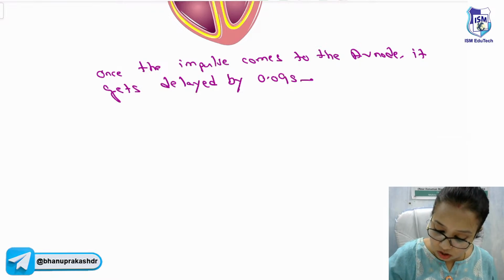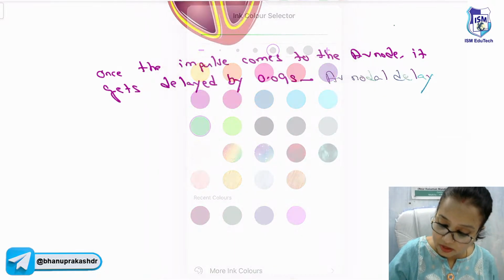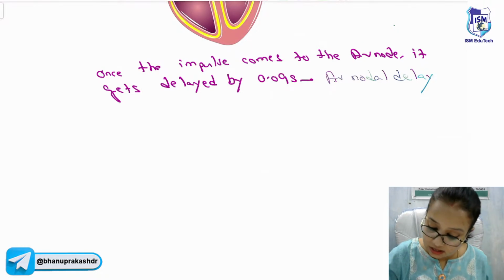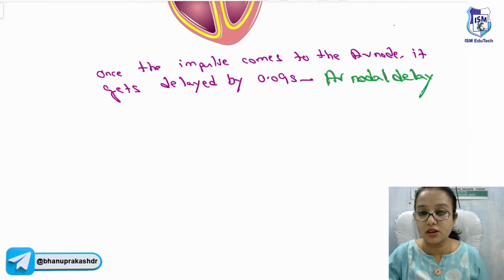This is called the AV nodal delay. The phenomenon due to which the impulse, after reaching the AV node, just sits on the AV node before getting conducted to the ventricles via the bundle of His.